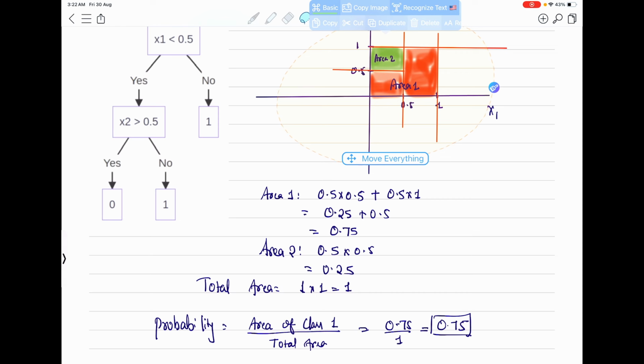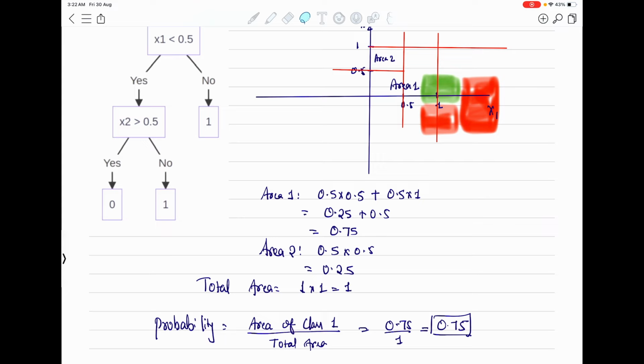So the area will be 0.5 into 0.5 for this small square, and there is one rectangle for which 0.5 into 1, so that is 0.75. And similarly for area 2, it is 0.5 into 0.5, that is this small area, that is 0.25.